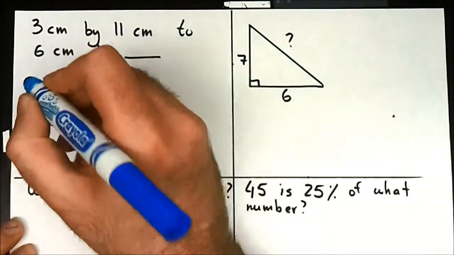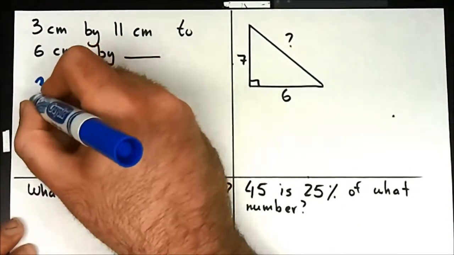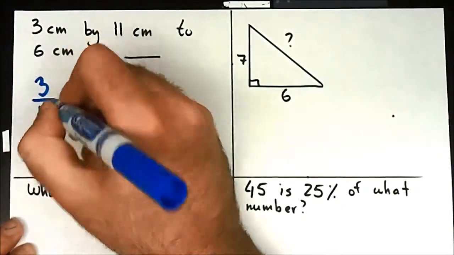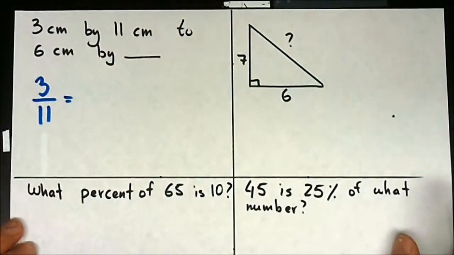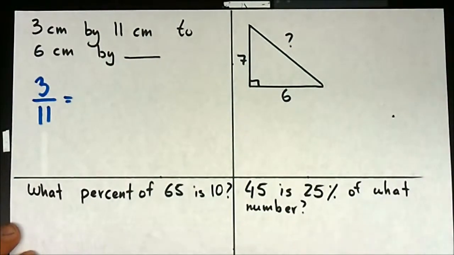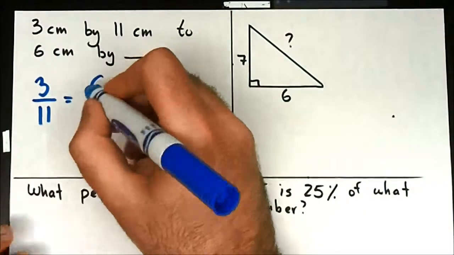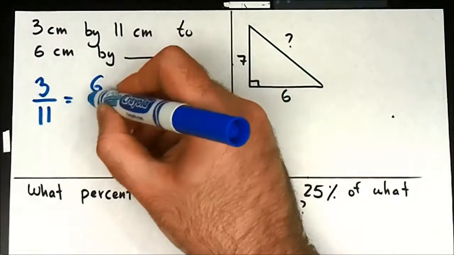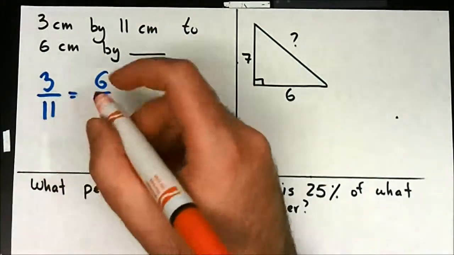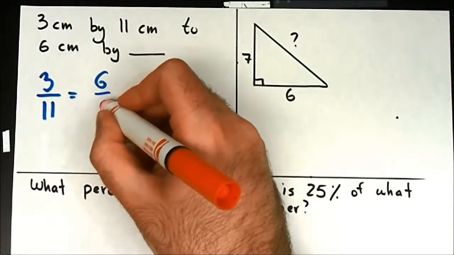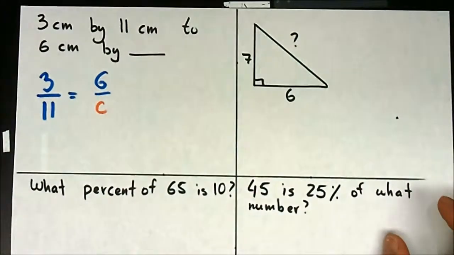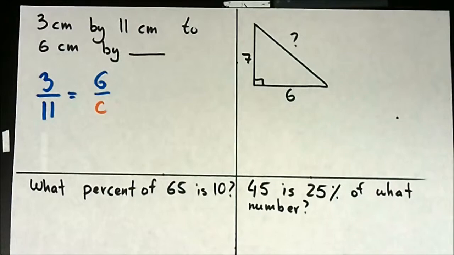So you can write 3 over 11 equals, where does the 6 go, top or bottom? Top. And our missing measurement, we're going to mark it as C for centimeters. Doesn't really matter. What do I do next?